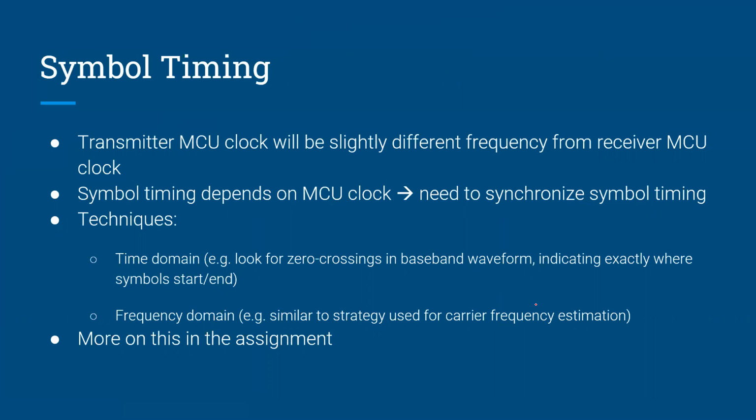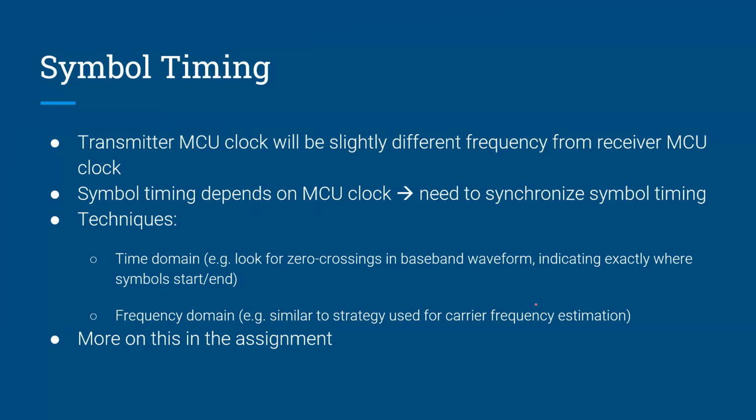Okay. So the last thing we'll talk about in this lecture, at least, is symbol timing, and I won't go into the details here, but basically, if your transmitter clock is, let's say, 16 megahertz or 168 megahertz or something, and your receiver will have its own clock. Let's say it's 16 megahertz plus 0.001%.